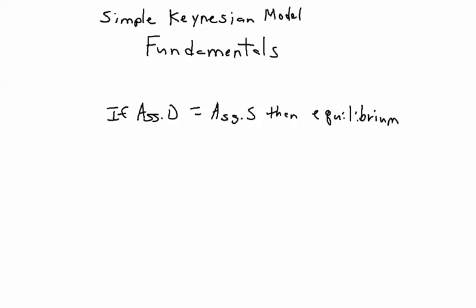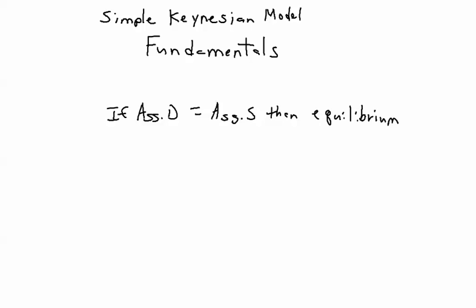So you could think of it like this, if you sort of abstract it down to a small firm. If the sales of a firm are exactly equal to the firm's production, then inventories kind of stay the same week after week, and the firm just goes along like it did the week before. It's in equilibrium. It's producing 100 units per week, for example, and it's selling 100 units per week. Its inventory stays the same, and all is good.